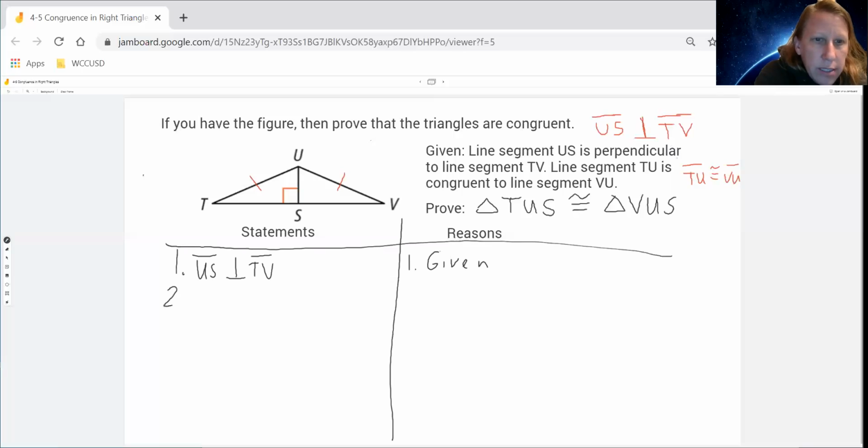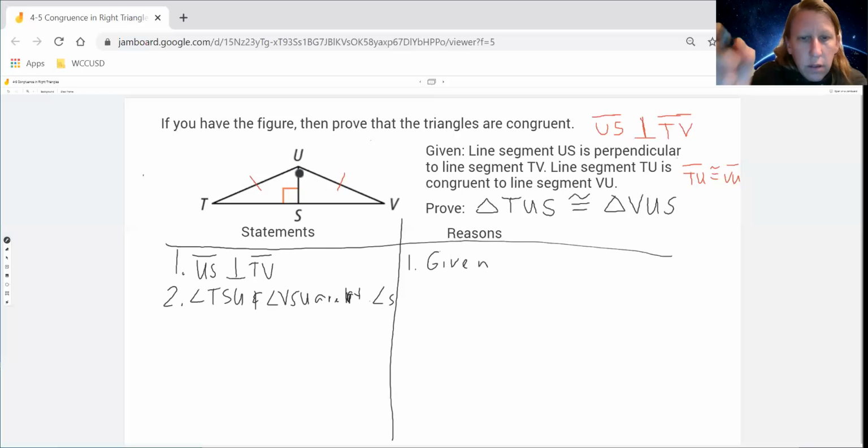And then I'm going to say angle TSU and angle VSU are right angles.